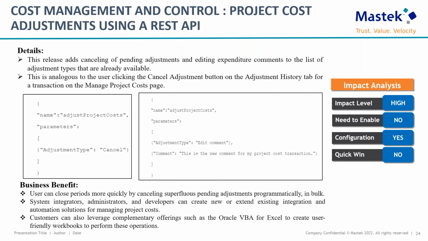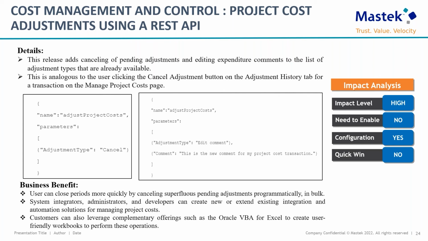When there are mass adjustments done and a lot of transactions were stuck due to failure of some workflow or due to any error, and while doing period closing activities, the user found many transactions which are stuck in the system under the pending adjustments.